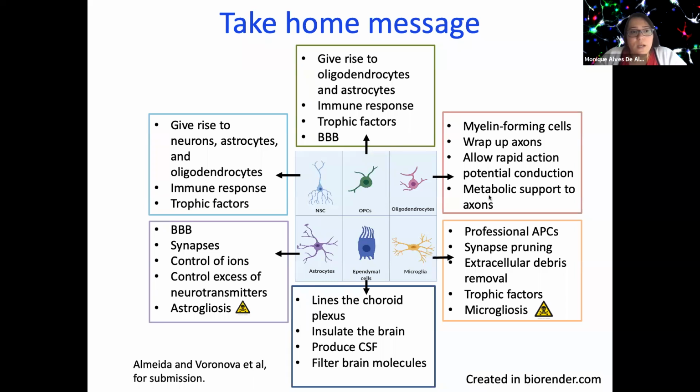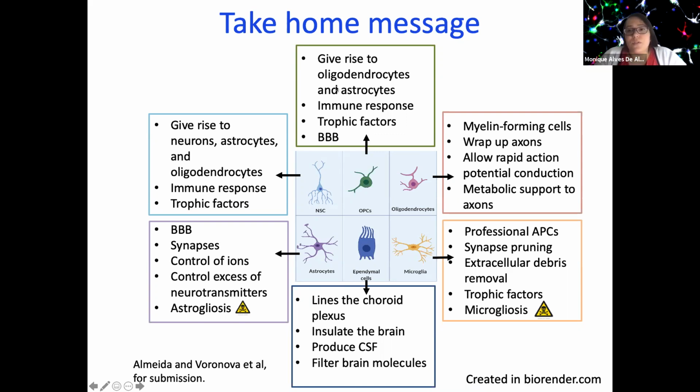Neural stem cells will give rise to neurons, astrocytes, and oligodendrocytes, and have different functions that I didn't mention here because it's a lot of information, but they also participate in immune control of the CNS and are involved in the migration and differentiation of the CNS glia.